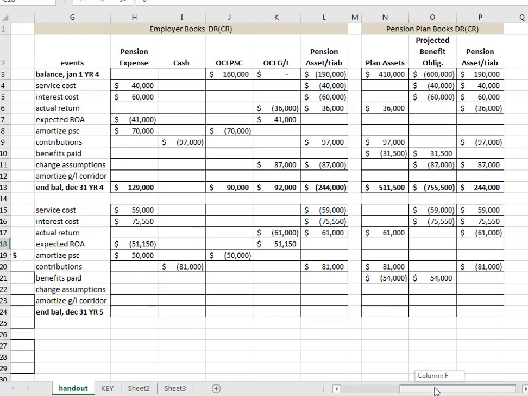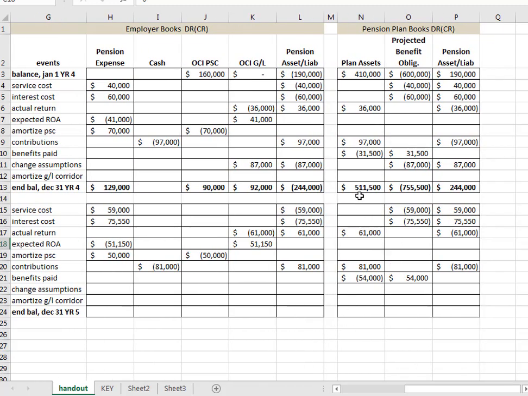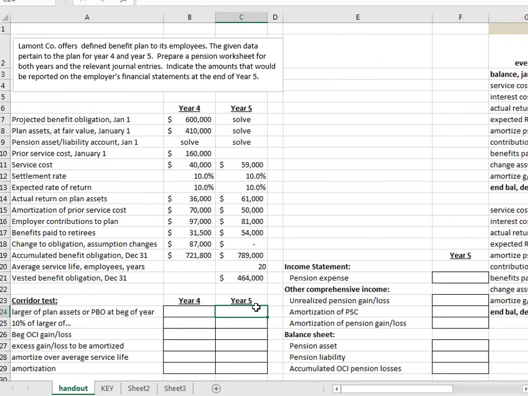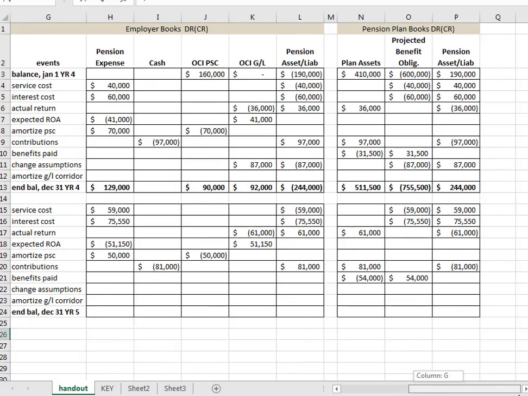Okay, and then amortize corridor. So now we have to do the corridor test. And the corridor test says to take the larger of either the beginning plan assets or the beginning obligations. So here the beginning obligation is bigger, 755,500. Take 10% of that. And then what was the beginning gain or loss for year 5?